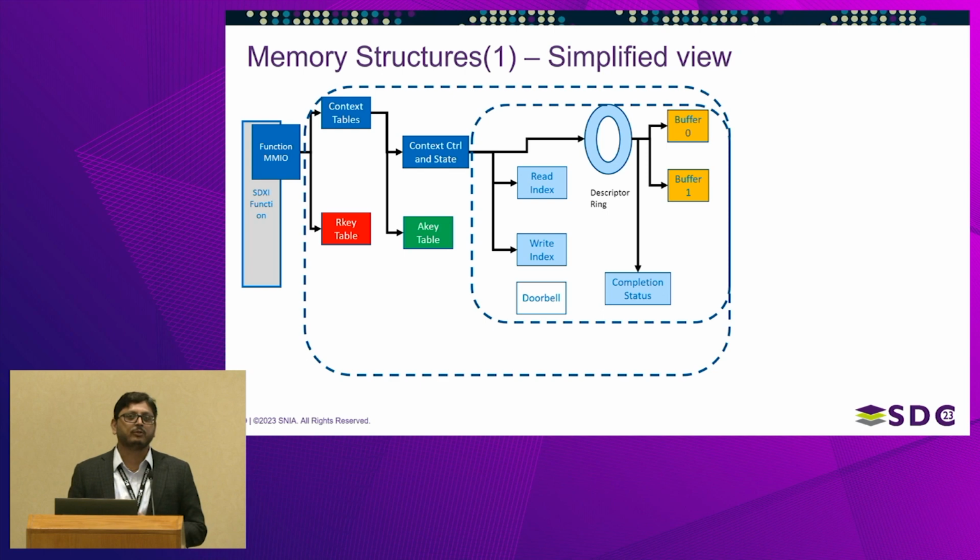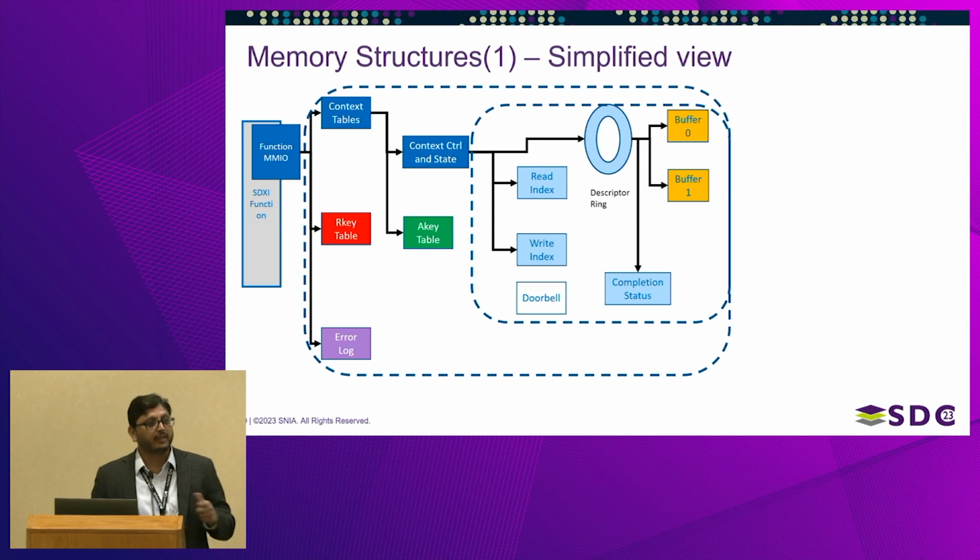This is useful for when you want to stop a context or resume a context; you have access to those data structures. There is one error log per function, and that allows privileged software to look at how to remediate any kind of things. At the moment in the 1.0 spec, if you get an error, the context comes to a stop, and then you need to restart it.